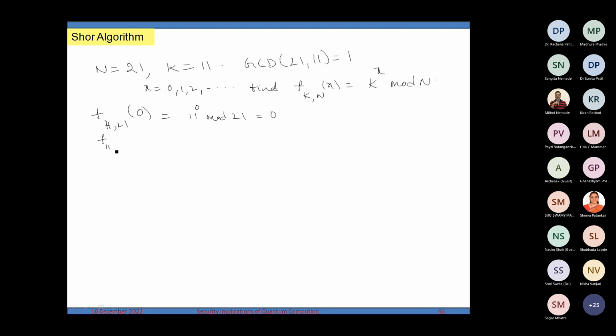f of 11, 21 of 1 will give you the value 11.